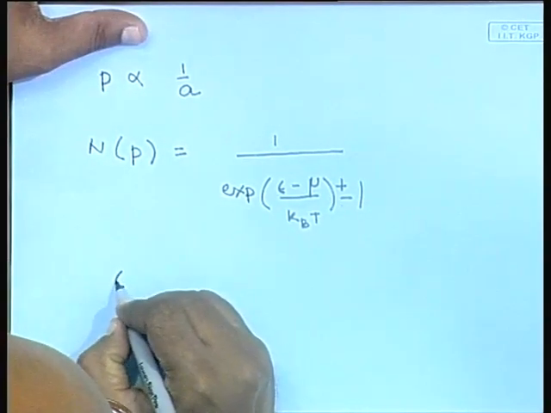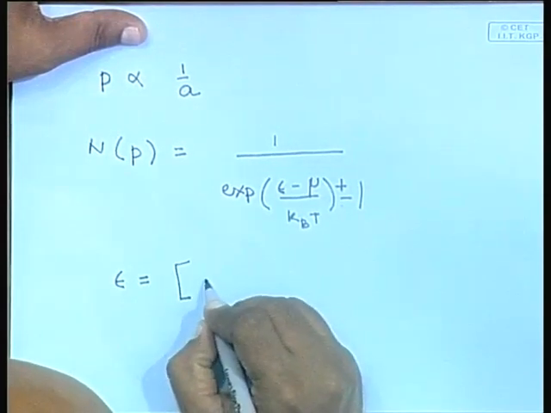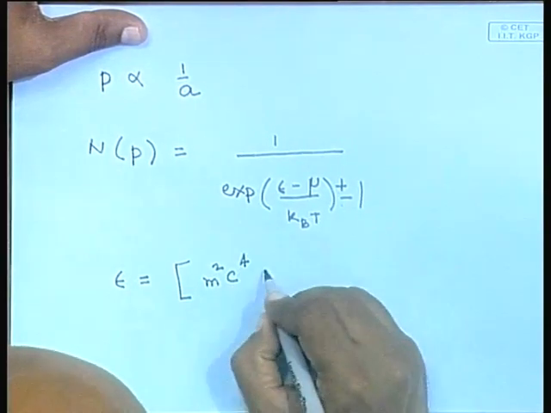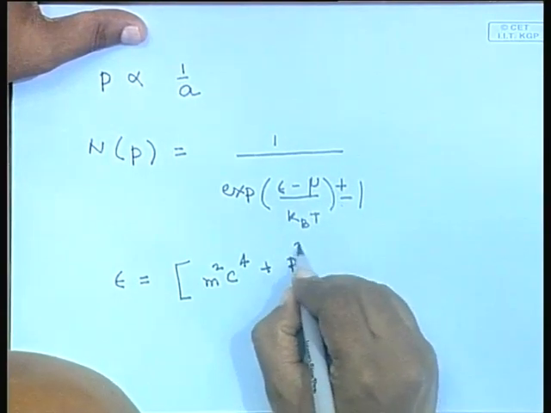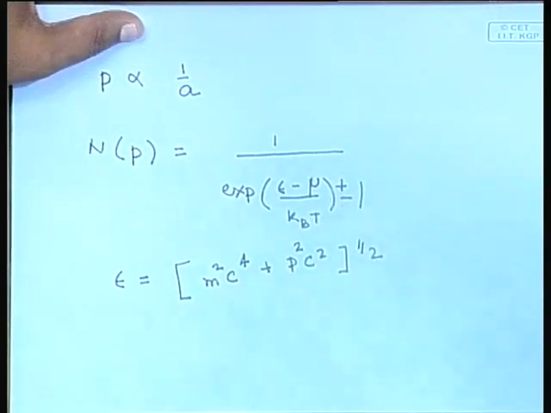And the energy of the particle in general is m square c4 plus p square c square, the whole to the power of half.